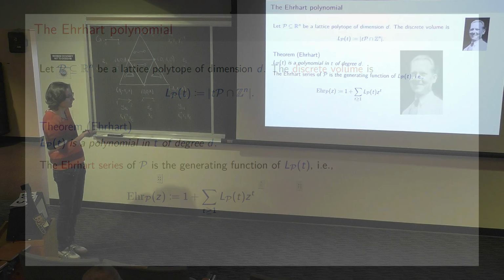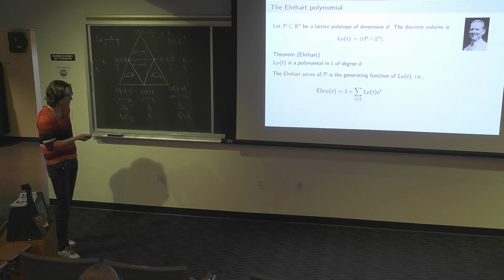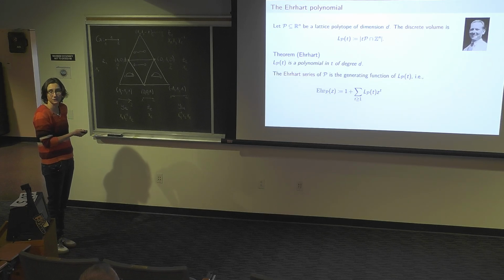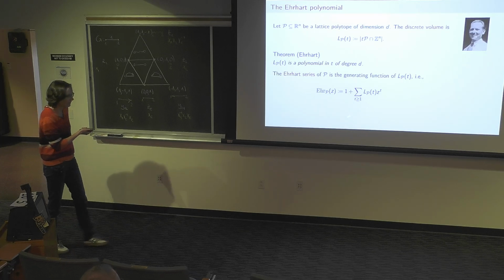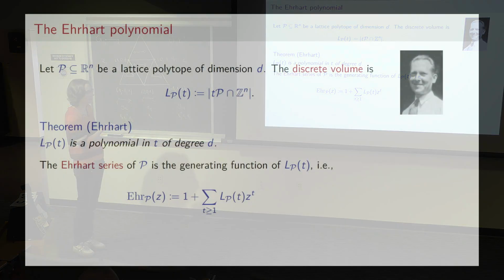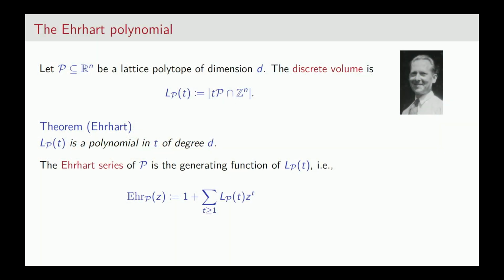Now, if I have this polynomial, we can take the generating function. We just sum up: we start with 1, and then we have the sum over t greater than or equal to 1 of the number of lattice points in the t-dilation times c^t. It's just a generating function, and since I know that this is a polynomial, I know that I can write it as such a rational function.